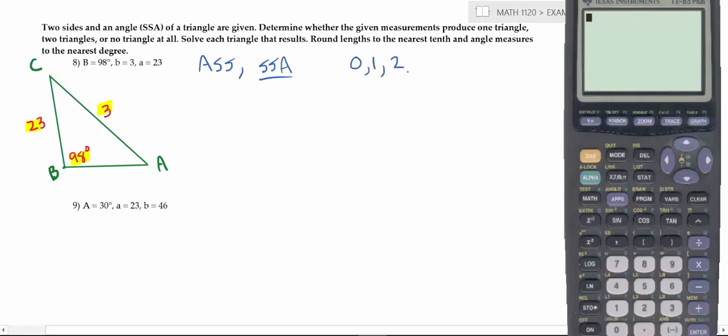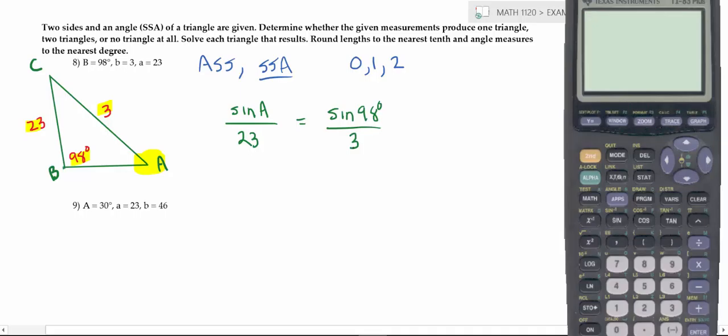Okay, so what you actually do is just start crunching it out. If you're going to use law of sines, you have to start by finding A, because you do know its opposite side. So we set up law of sines: sine of A over the length of the side opposite, equals the next angle we know, sine of 98 degrees over its side opposite.